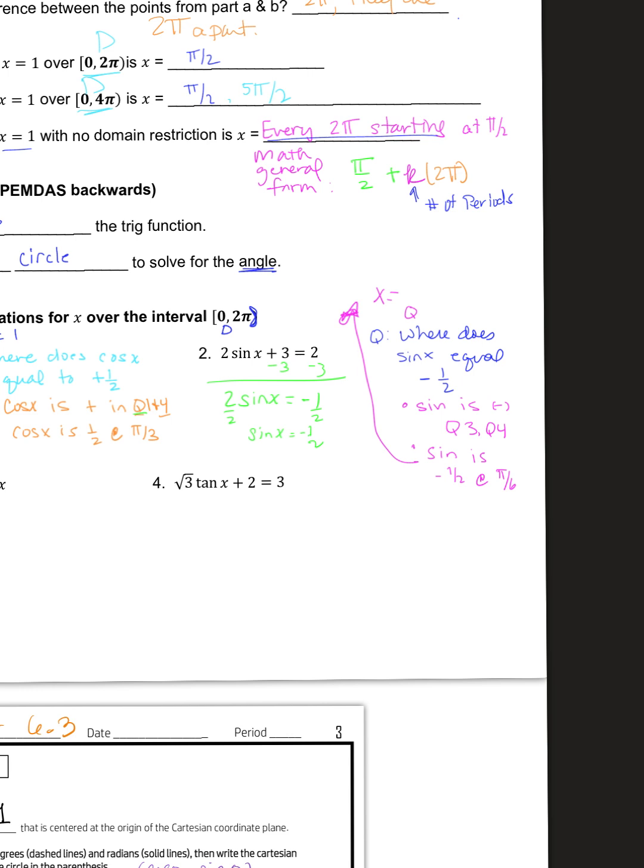So that would give us 7 pi over 6. For quadrant 4, I'll take the denominator, multiply by 2, and then subtract 1. 6 times 2 is 12. 12 minus 1 is 11. So this will be 11 pi over 6. And you see the reference angle pi over 6 in each one of those, so you can tell that's the reference angle.